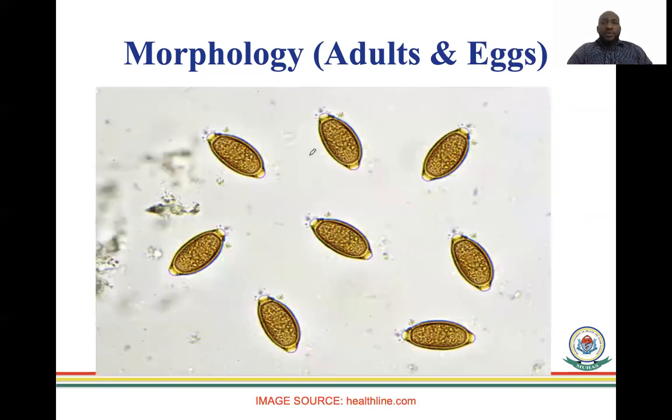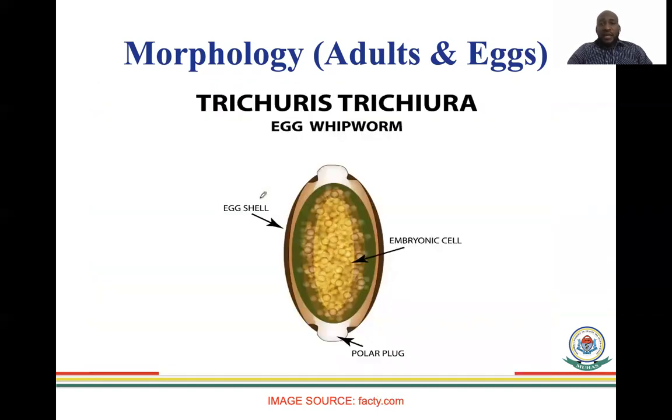So these are the beautiful eggs of Trichuris. You can see they have very shiny, colorless mucus plugs and are barrel-shaped with double-ended mucus plugs. This is another image to show you the eggshell and the embryonic cell. And this is an unembryonated egg as it comes out in fresh stool.